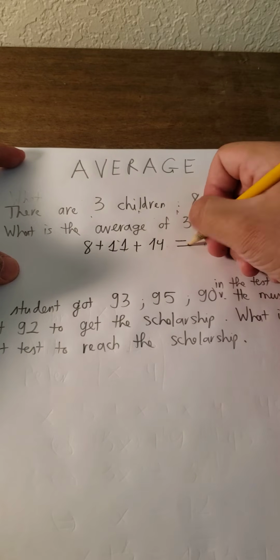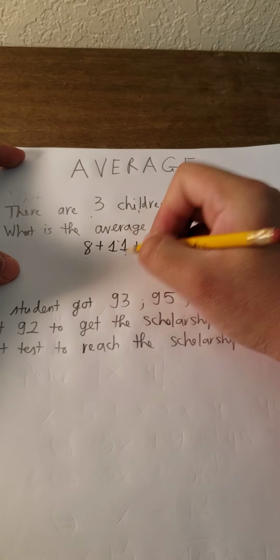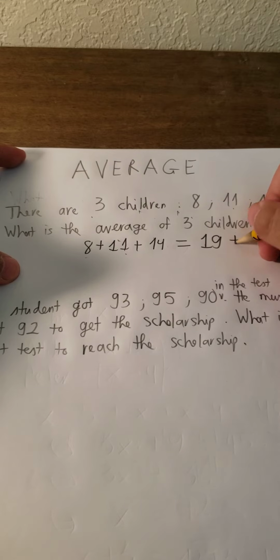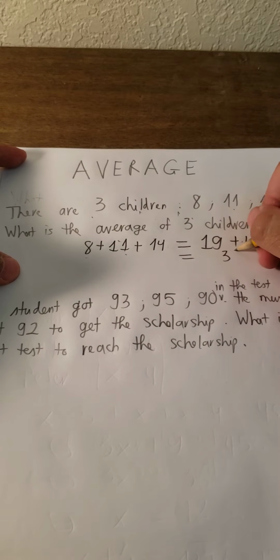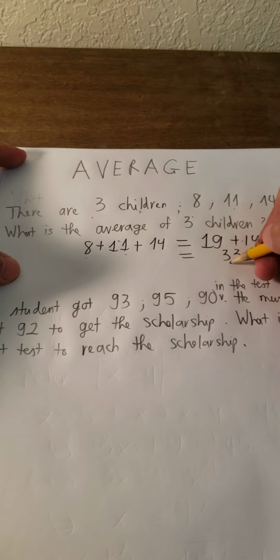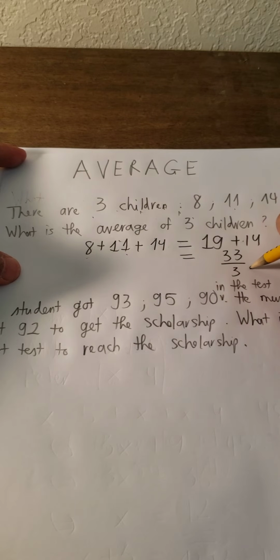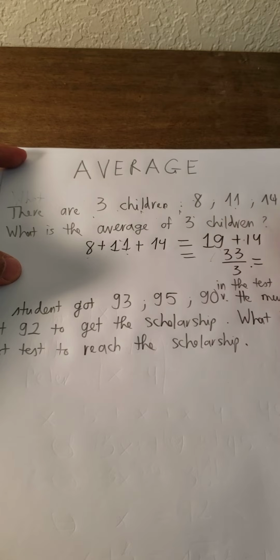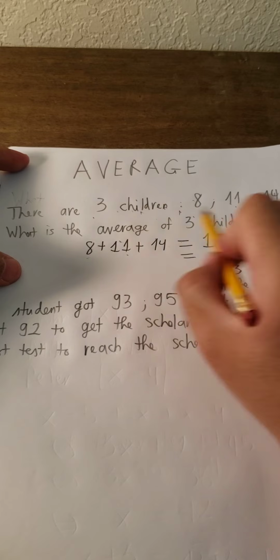The answer is 8 plus 11 is 19, and plus 14 we have 33. And we know that 33 divided by 3, because we have 3 children. We need to know the average, so we count 1, 2, 3, that's 3. We have 11. So the average age of the 3 children is 11.